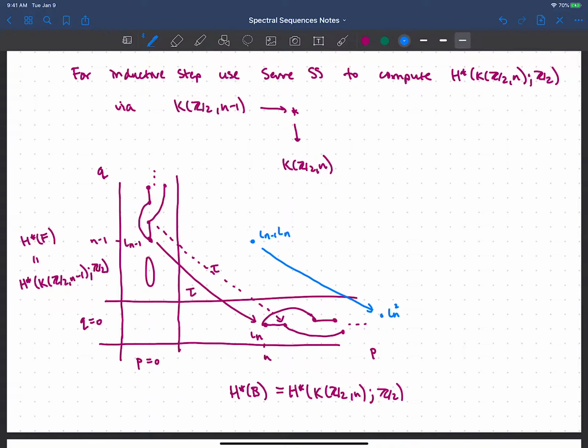And this is the same game that you played when you were computing the ring structure. You would use these tensor products and see that fills in a lot of differentials. But now what that tells me is that something else starts to happen in degree 2n. This is in degree 2n over here. And so I really only know well what's happening up through there.